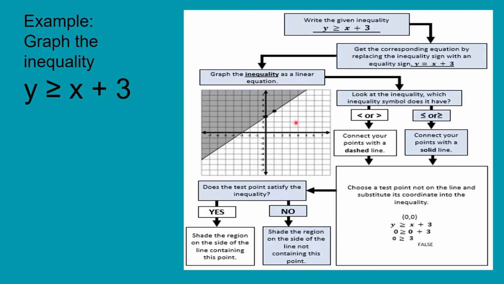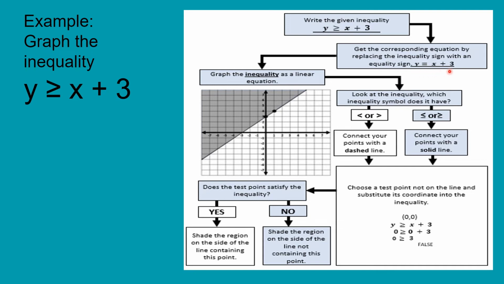So, paano natin siya i-graph? Ang ating equation dito ay y is equal to x plus 3. So, i-apply natin yung ating natutunan sa previous lesson. So, we have here the slope-intercept form.